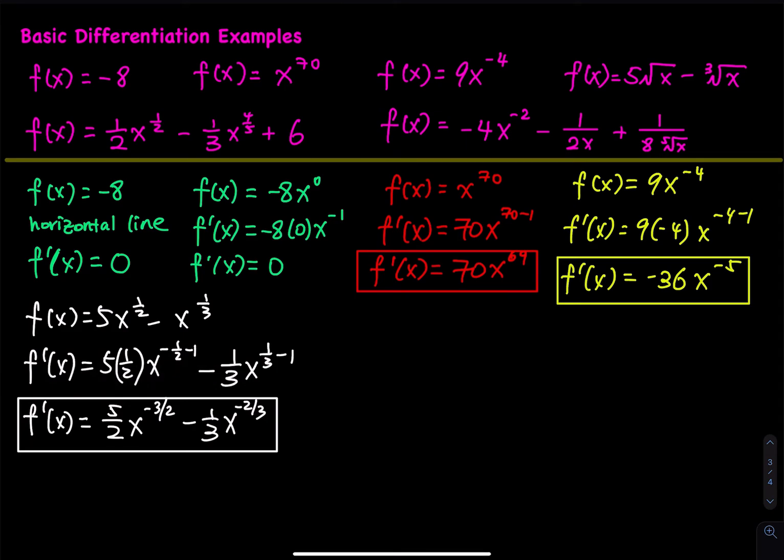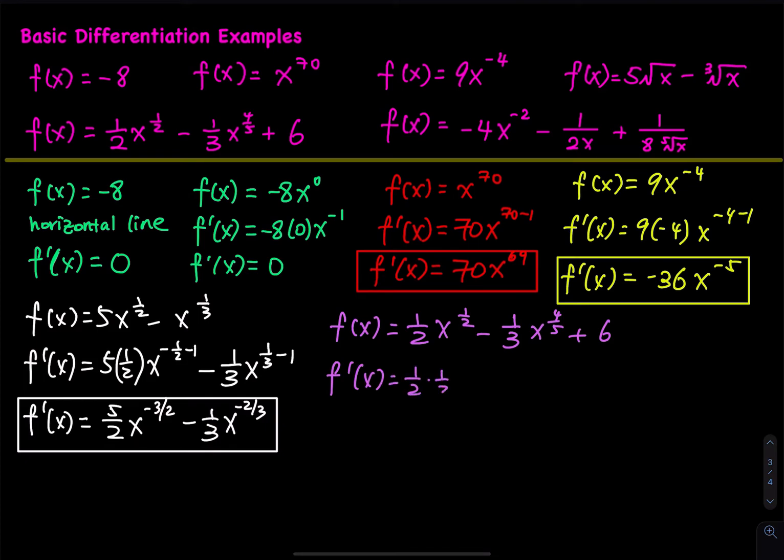Second line, we have f of x equals 1/2 x to the 1/2 minus 1/3 x to the 4/5 plus 6. f prime of x, so you bring the 1/2 down, so you have 1/2 times 1/2, and then you take that 1/2 minus 1. Next, the 1/3 stays, and then bring the 4/5 down, and then x to the 4/5 minus 1.